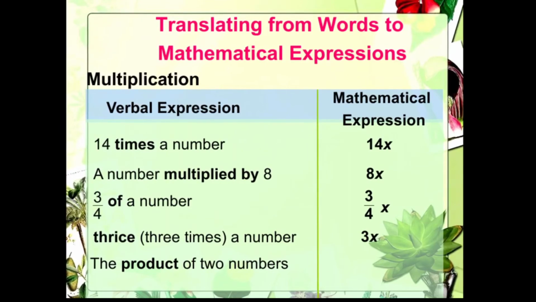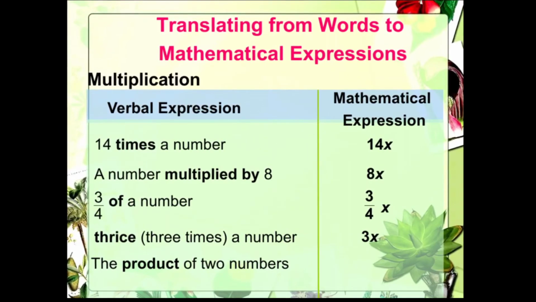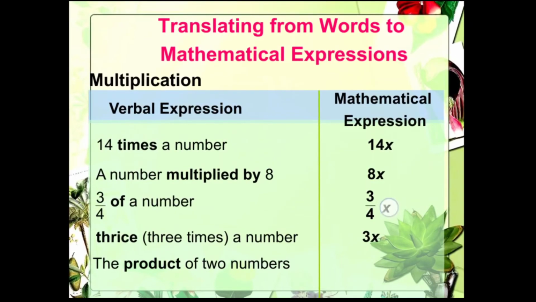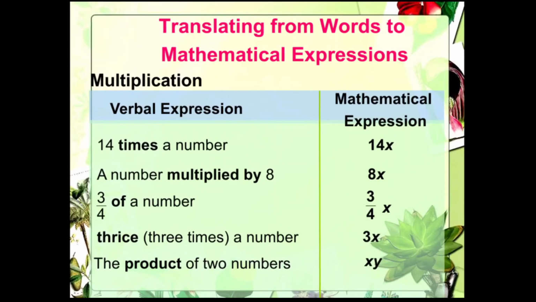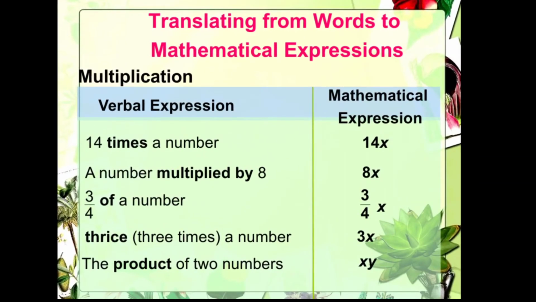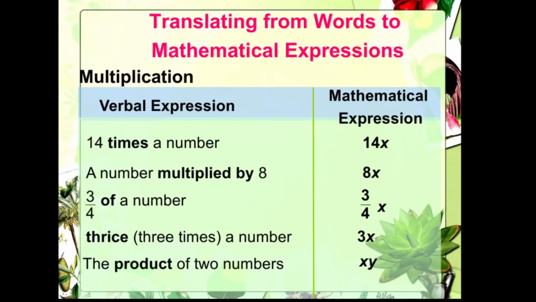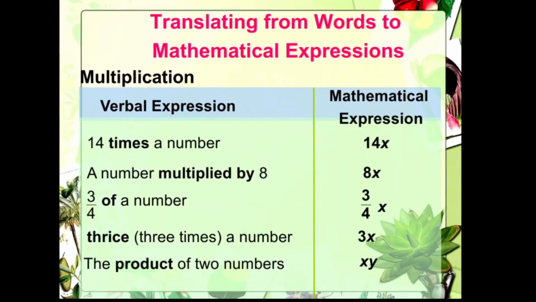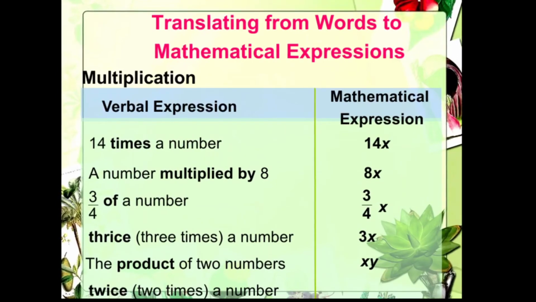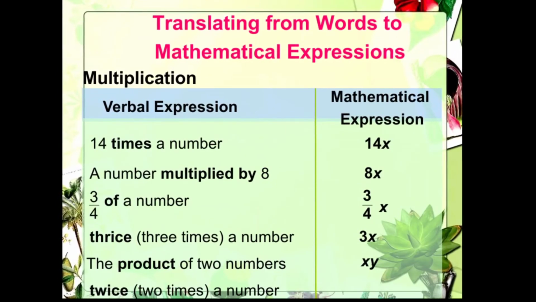Next, the product of two numbers. As you can see, we have two missing numbers. So instead of writing x times y, we can write it as xy. That is understandable that the operation is multiplication. So xy, the product of two numbers. Then twice a number. When we say twice, that is 2 times.